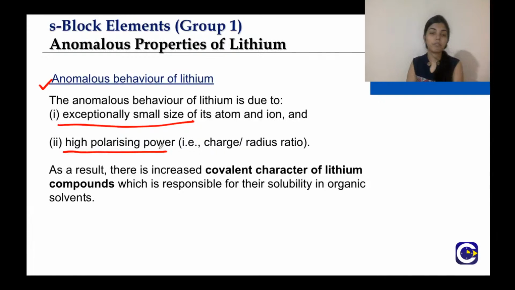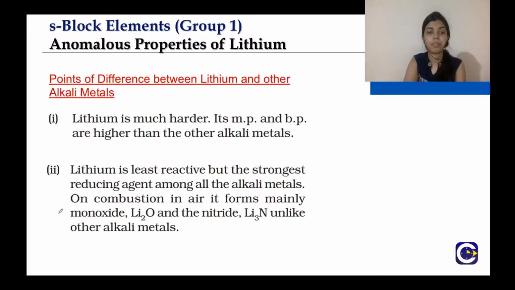Because it is of small size, and we know that a smaller cation is able to polarize the anion easily, right? And because it is a smaller cation, the covalent character is also more than that of the other metals, which is responsible for its solubility in organic solvents that we have already discussed in the previous slides.